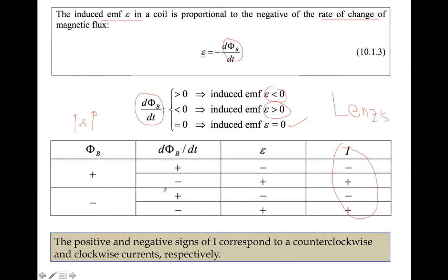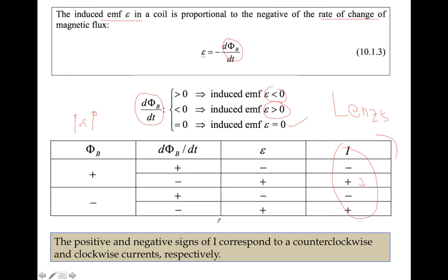And if d phi dt is positive, that means the induced EMF is negative, so the current is negative. Negative means counterclockwise, so it's in this direction here. However, if d phi dt is negative, negative multiplied by negative is positive. That means the induced EMF is positive, the current is positive, and the current is clockwise. And obviously, if this is reversed, then everything is reversed.